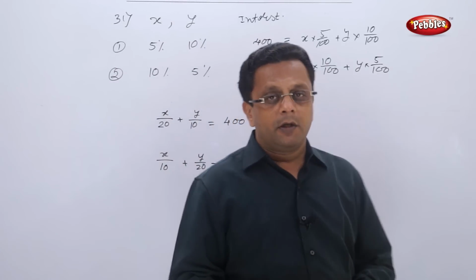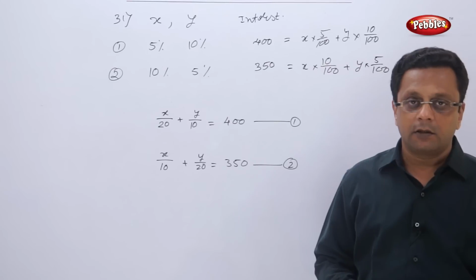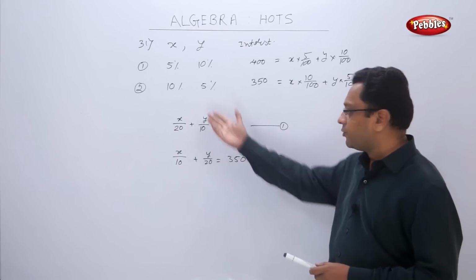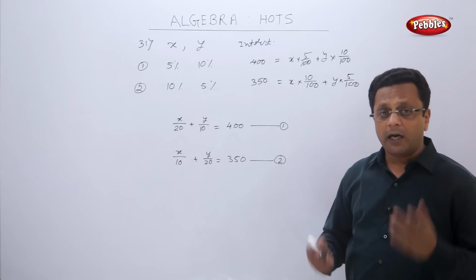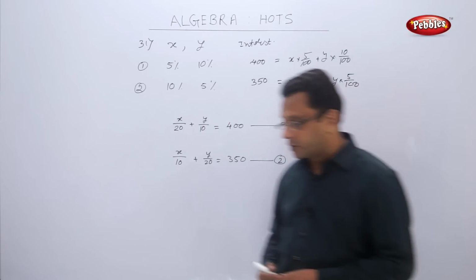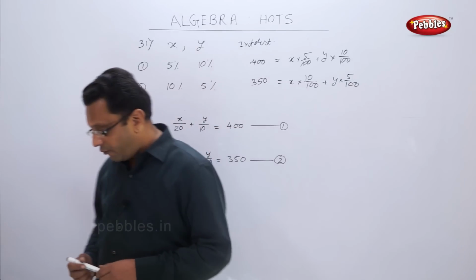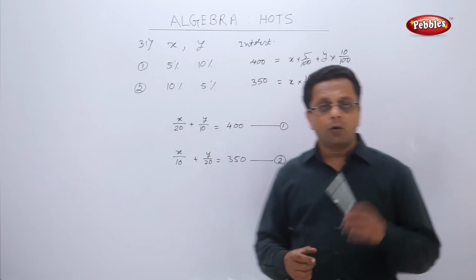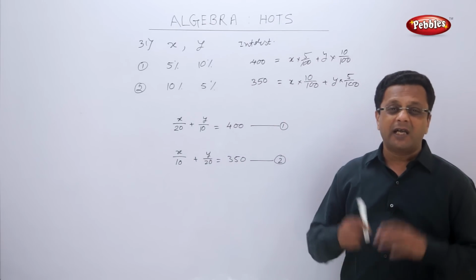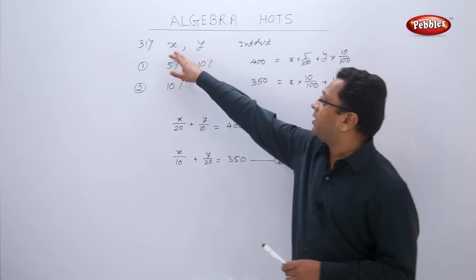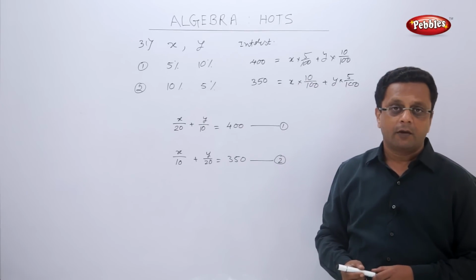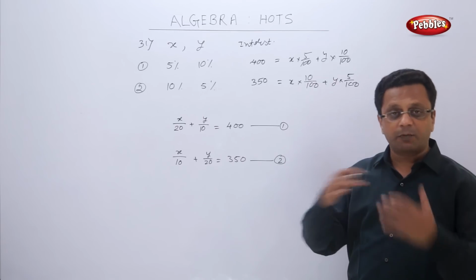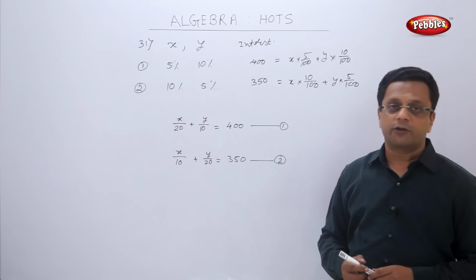Now remember, here they have not asked us for individual values. You may find individual values, of course, but they ask for the total deposits. Find the total amount he deposited. If you don't read the problem carefully, you will unnecessarily try to find x and y individually, where you can directly find the value of x plus y, because x plus y is the total deposit.